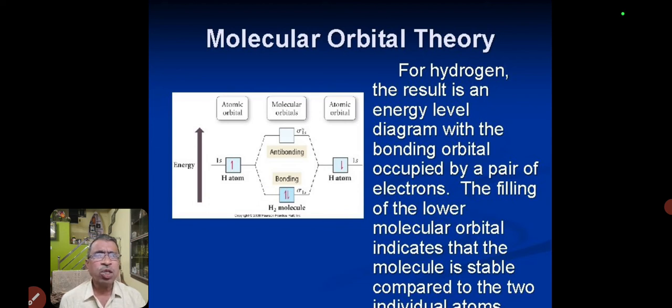These 2 electrons go to the bonding molecular orbital. Therefore, here you don't have any electrons in the anti-bonding molecular orbital.